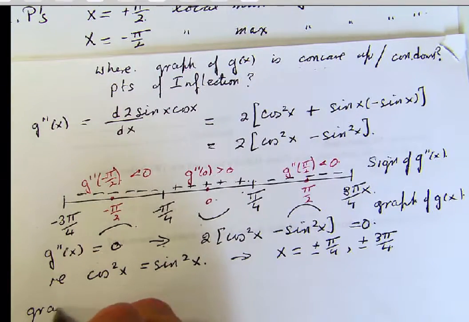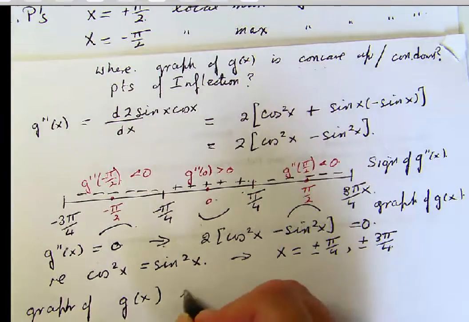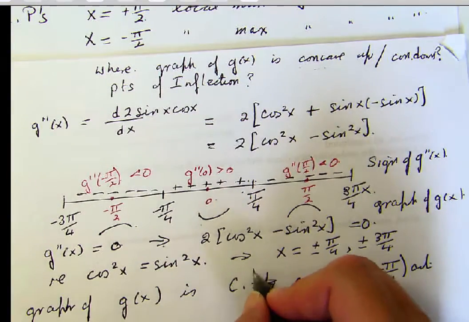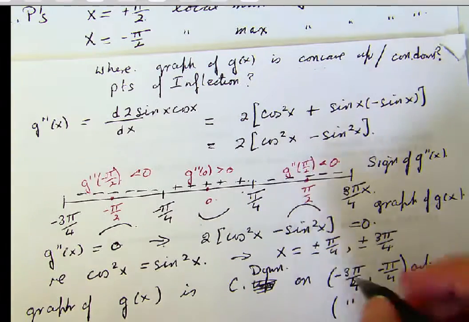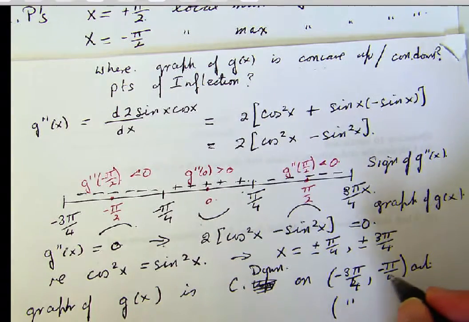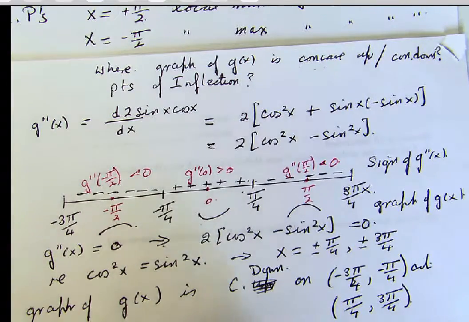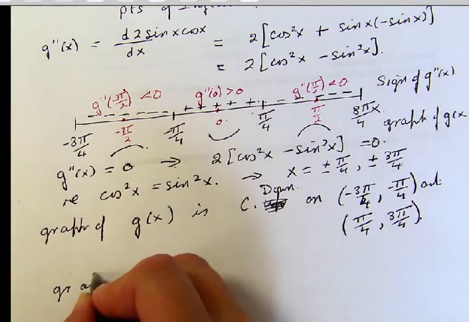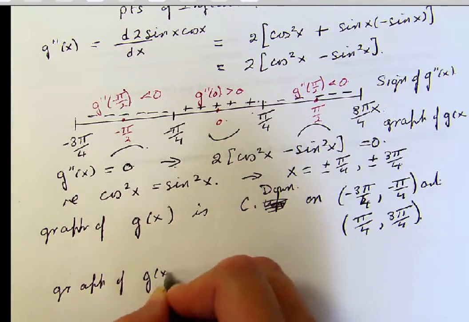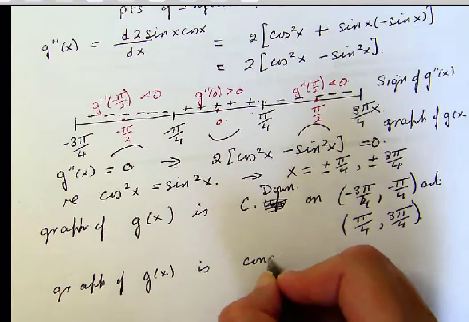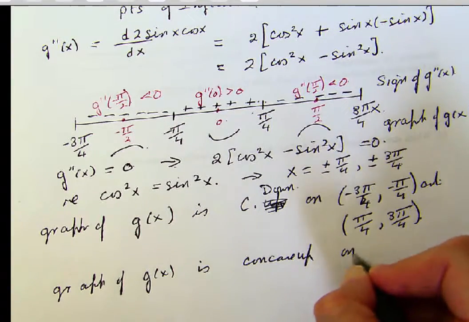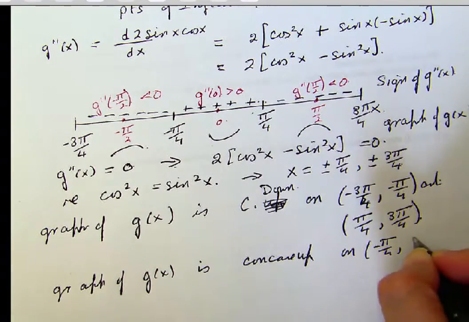So the graph of g of x is concave down on the interval from minus 3 pi over 4 to minus pi over 4, and on the interval from pi over 4 to 3 pi over 4. And the graph of g of x is concave up on the interval from minus pi over 4 to pi over 4.